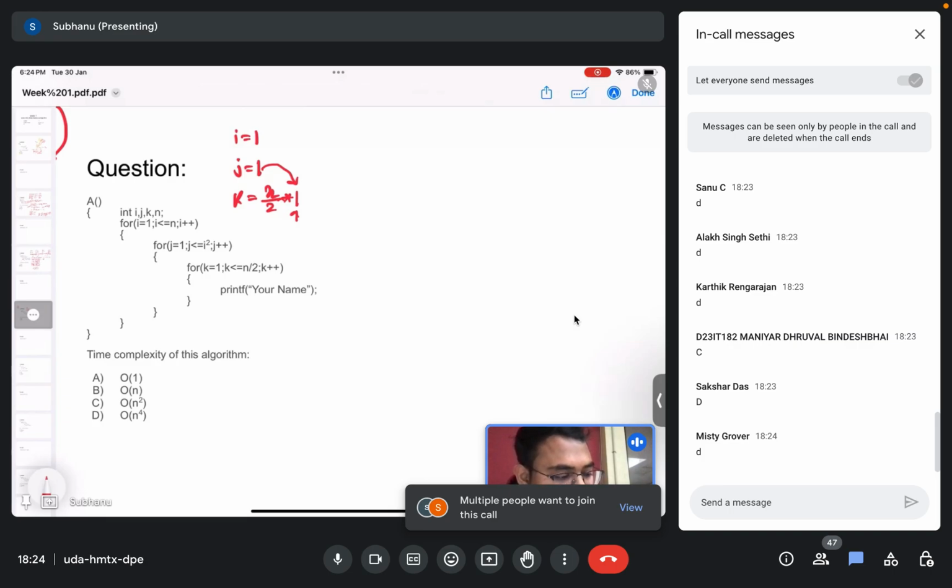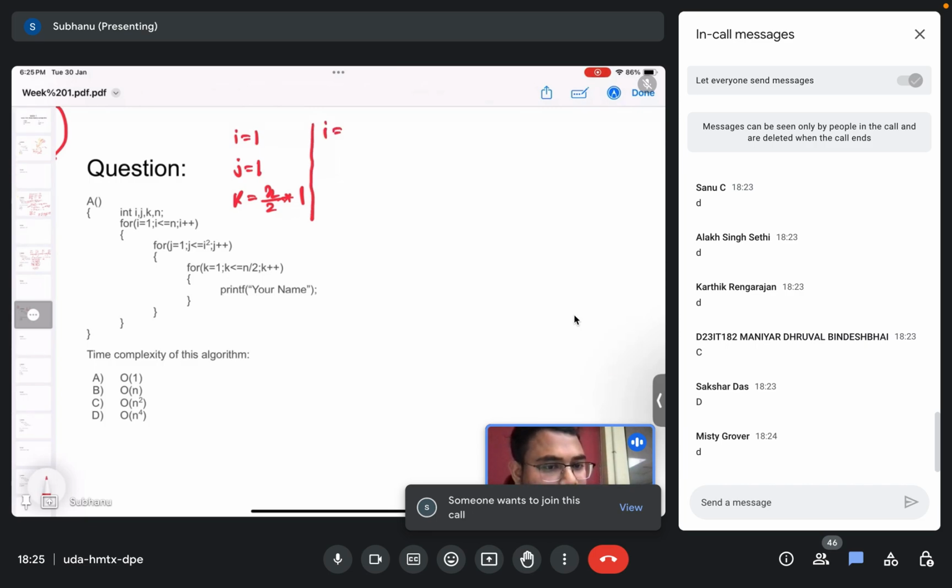So this is basically the value of j. As now we have j is equal to 1, we are writing this as 1.